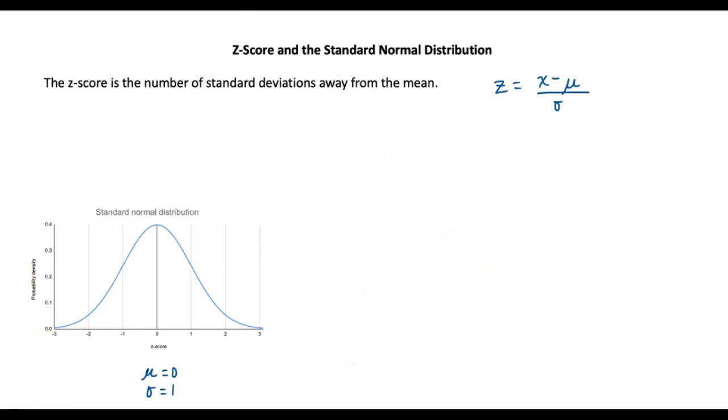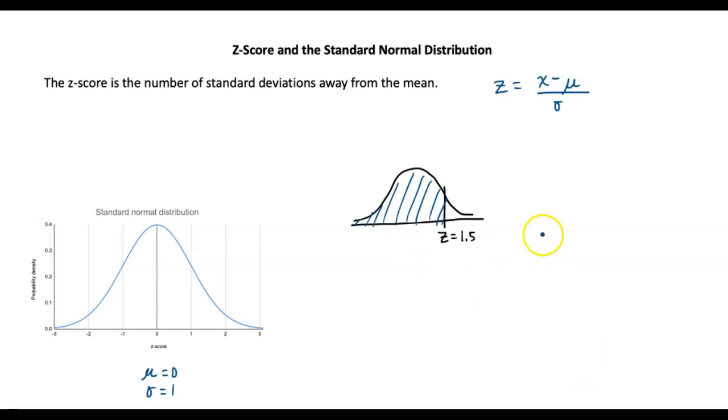How do I find the area under the standard normal curve to the left of z equals 1.5? So if I've got the value z equals 1.5, and I want to find the area to the left of that value, how can I do that?